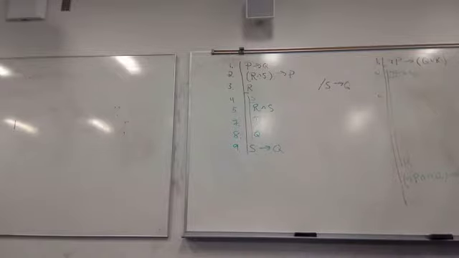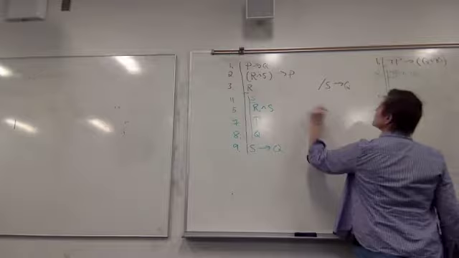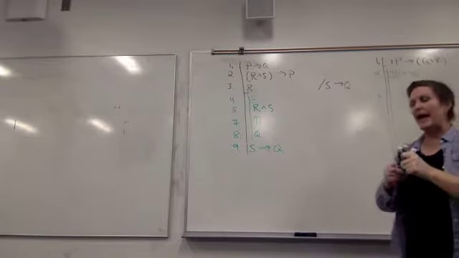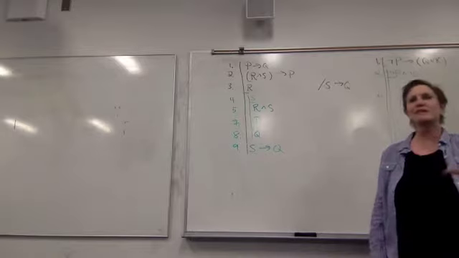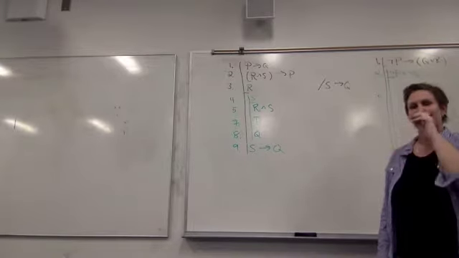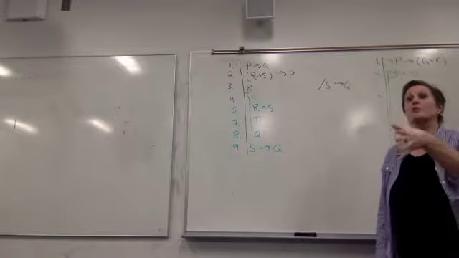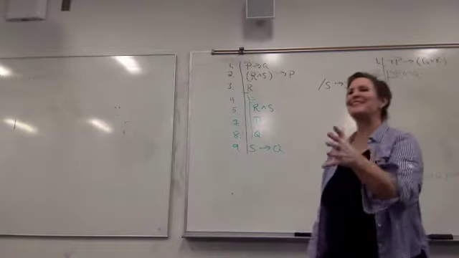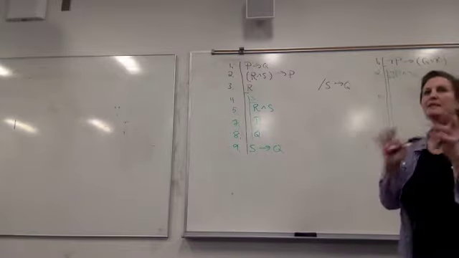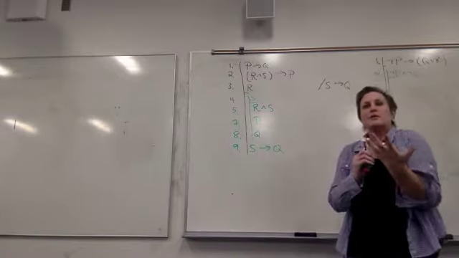What are you thinking? So would the first step for 5 be conditional elimination based off of number 2? No. Great question, and you know what's so interesting is a lot of people will say that. The answer is no. Remember, this is the tricky part.